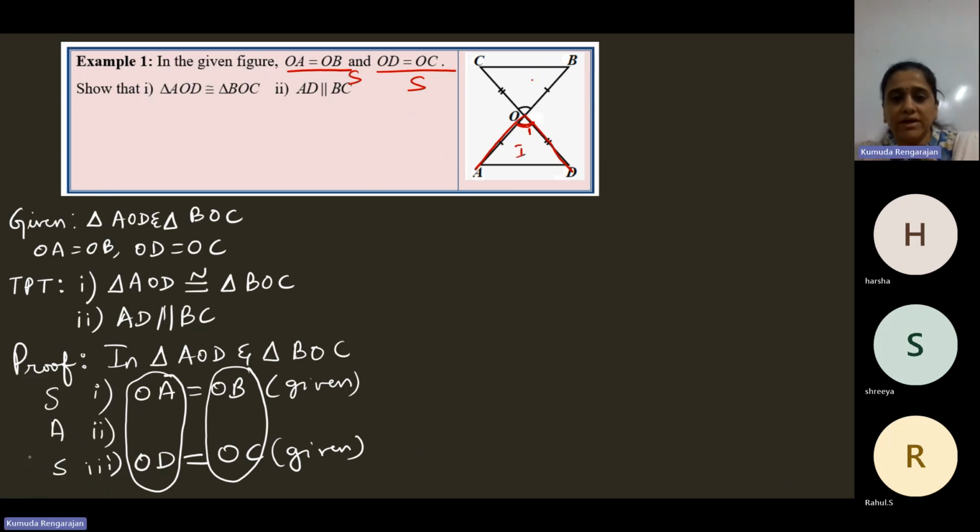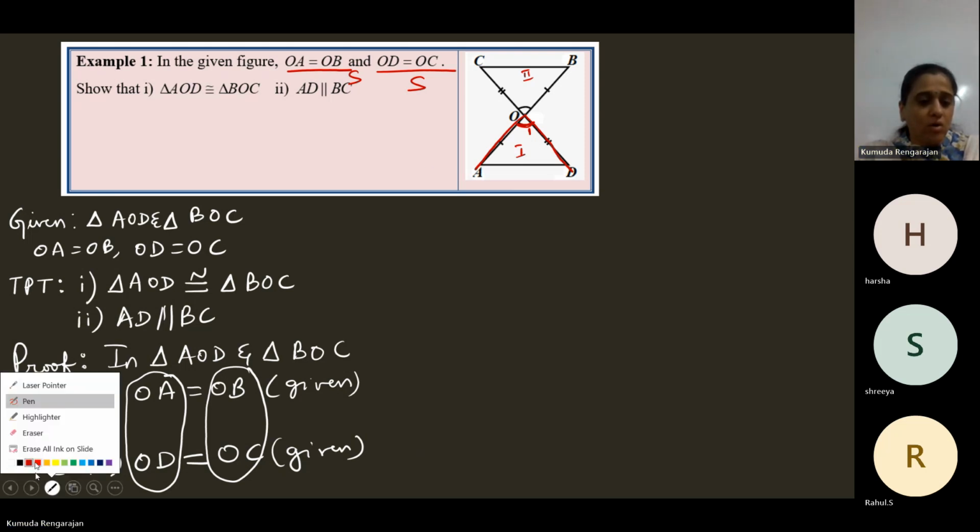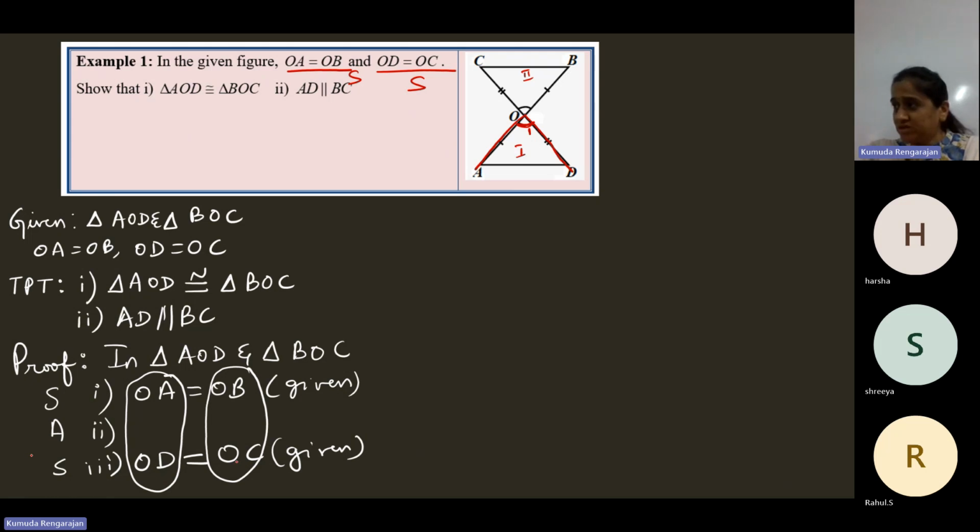Triangle 1, triangle 2. I'm asking, OA and OD are the arms of which angle? Angle 1. Correct? Now the other one, OB and OC, what I've circled, OB and OC of the second triangle. OB and OC are the arms of which angle? This angle.